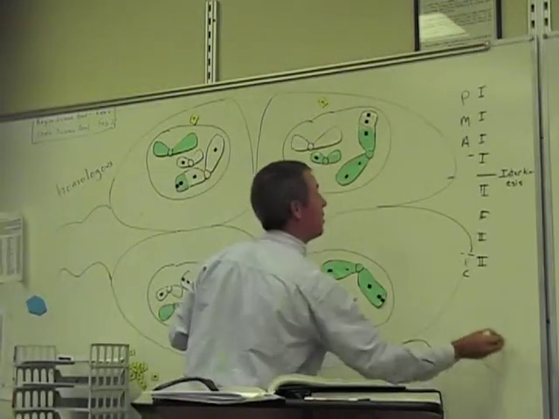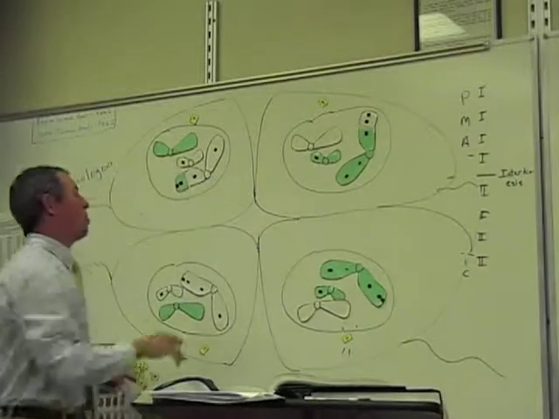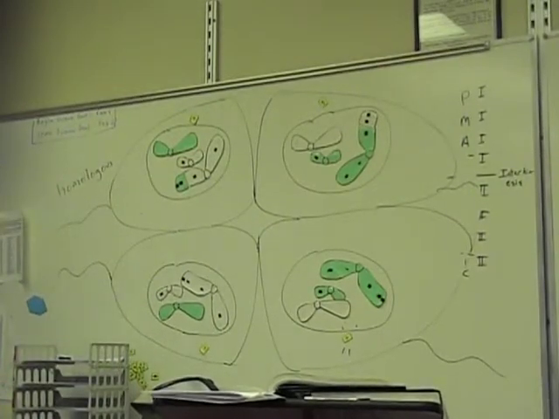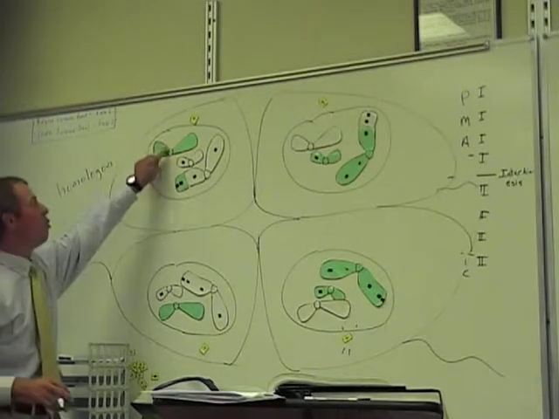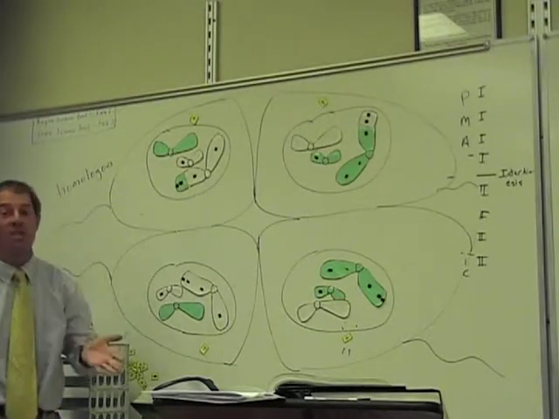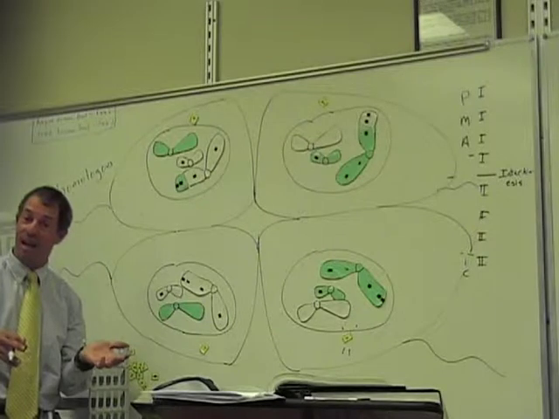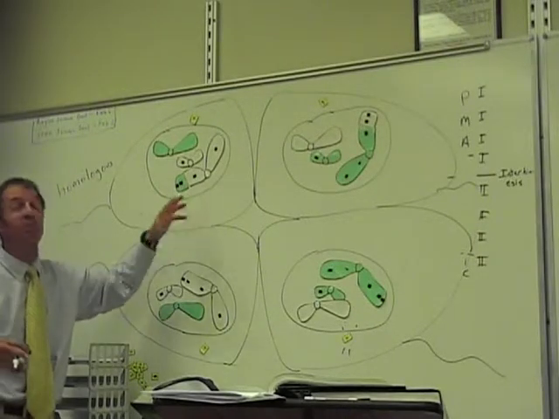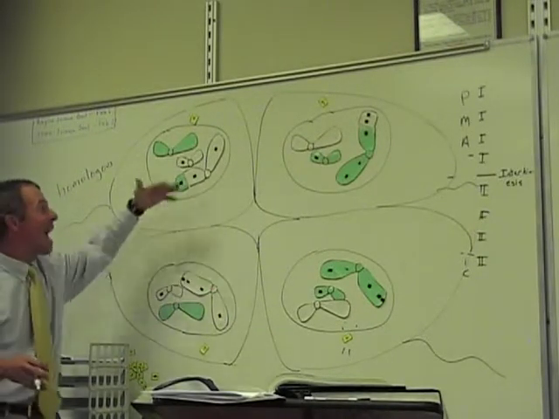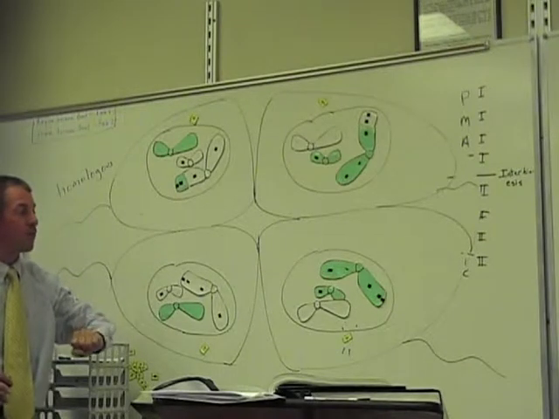And that's flagella. Those are the flagella that move the sperm around. Now we have 4 sperm cells. Count the number of chromosomes. 1, 2, 3. We started with 6, we end up with 3. We started with 46, we end up with 23. Half the number of chromosomes.